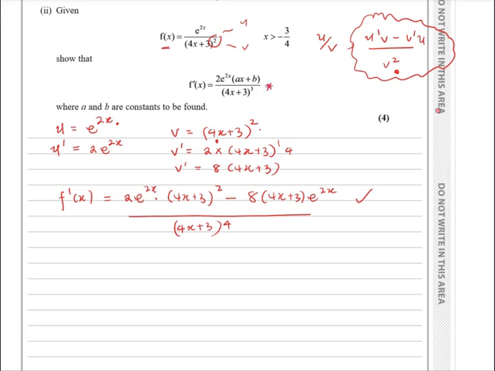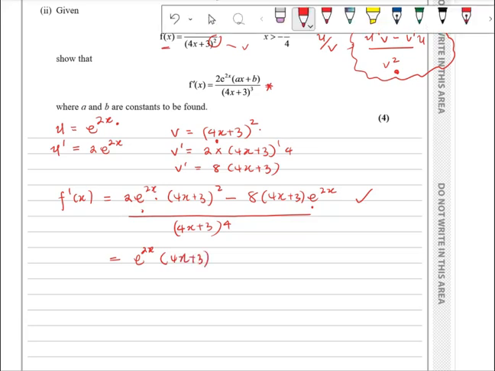Now that means we're going to do some bit of factorization. The easiest thing I look at here in the factorization is the common things that I can factorize out. What are the common expressions that you can put out? You can see you have e to the 2x, which can be factorized out. And then you have the (4x plus 3) you can factorize out. You can see that this has a power of 2, and this one here has a power of 1.